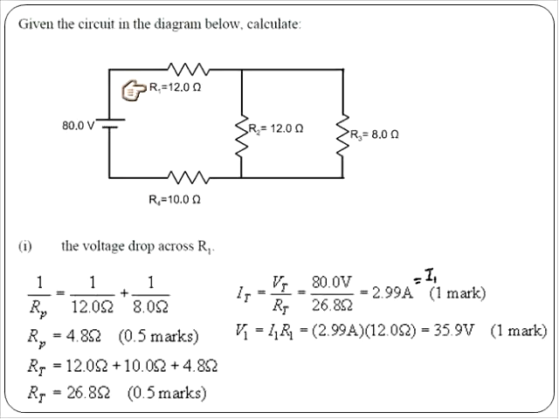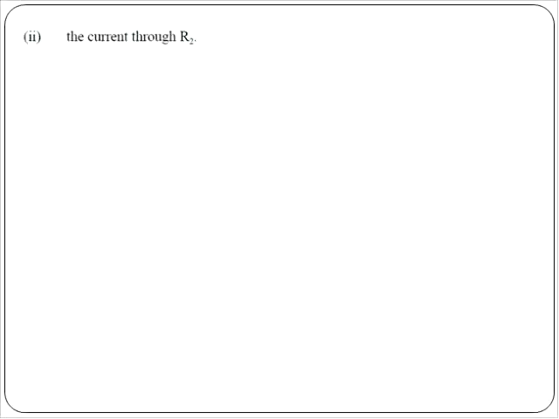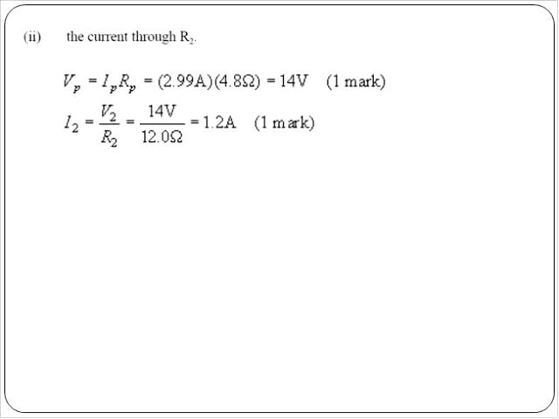If I know V1, and I know V4, and I know VT, I can easily find V2 because that's the complete path right there. The three of those resistors, the voltage drop has to add up to 80. So let's do that. First we find the voltage in the parallel part. Then we say I2 equals V2 over R2.